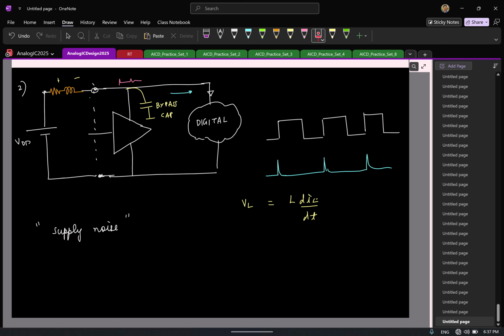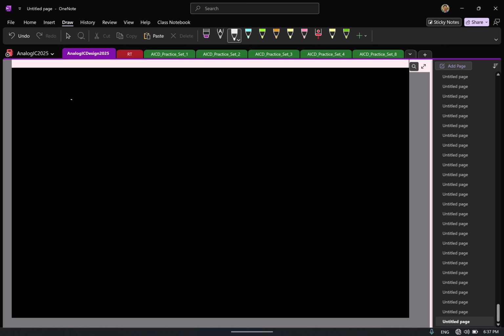So now let's see the op-amps that we have designed. How does it react to any disturbances in the supply? Again, the assumption is the supply disturbance is going to be small because hopefully you have put a good capacitance. So the disturbance is not really large, but it is a small signal disturbance. And for that, I'll take our 5T OTA as a test vehicle.